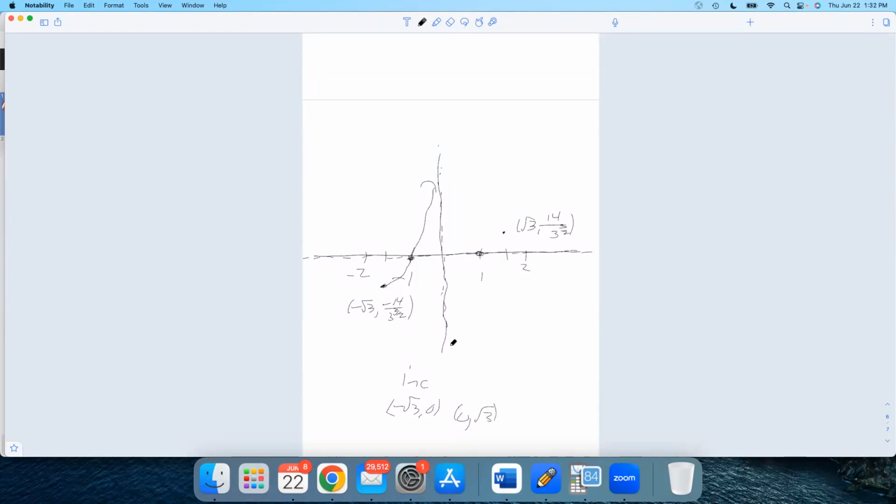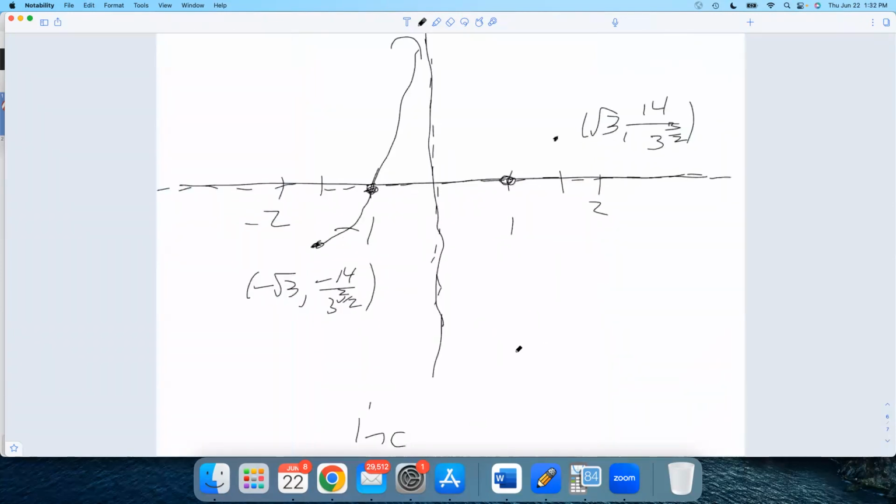The only way that can happen is if the graph comes up from negative infinity and gets to that point. So if we're going backwards, that's kind of a sloppy drawing, but you see what I'm going for there. That's our vertical asymptote, and we're approaching that as we go down.